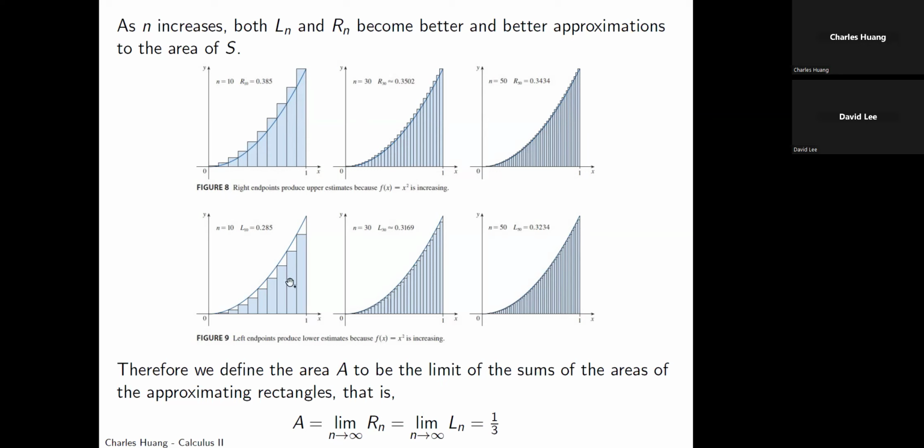Whether I do it with the right endpoints or the left endpoints, as the number of rectangles becomes more and more, the answer will be equal. These 2 pictures look very similar, and if I have even more rectangles, they will eventually be the same.